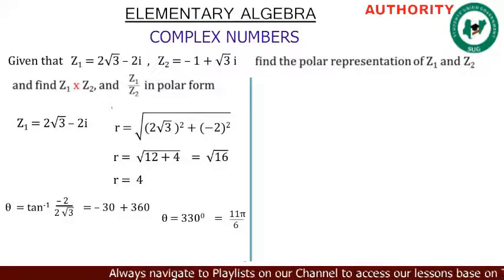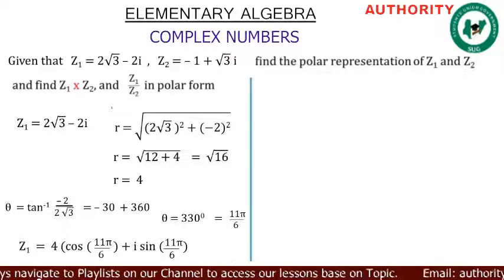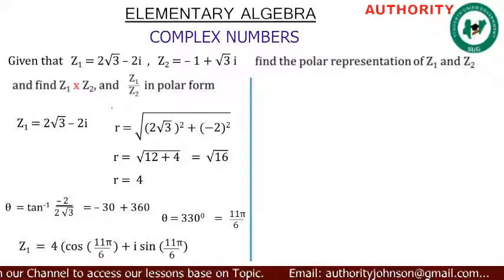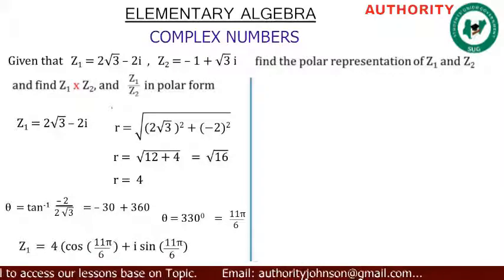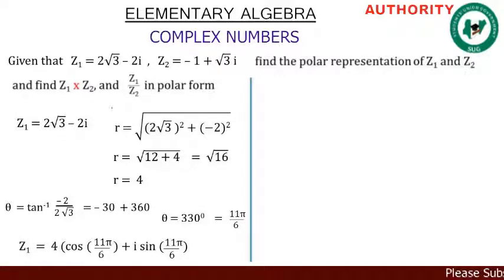So z1 is equal to 4 (cos 11 over 6 pi plus i sine 11 over 6 pi). This is the polar representation of z1.